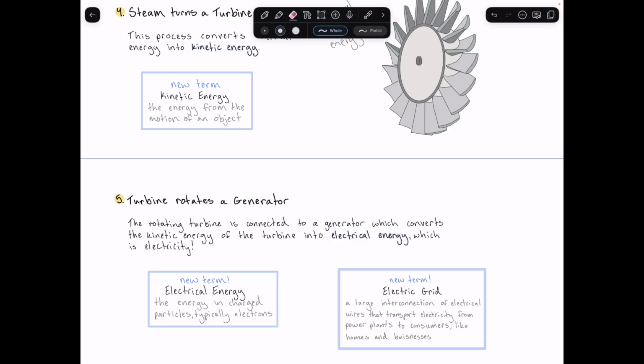It's actually a bit complicated from a technical standpoint how a generator converts rotational kinetic energy into electrical energy. For this course, we're just going to keep that as a black box and accept that that's how it works. The topic of how a generator does that is for a future, more technical course. But yeah, that's what happens here.